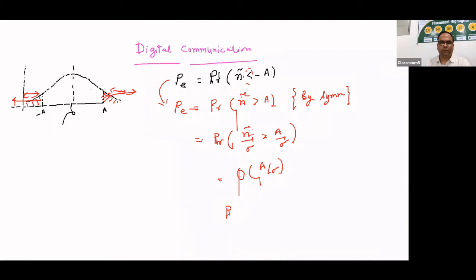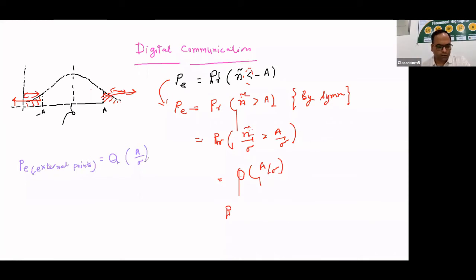So I should write it here that the probability of error for external points (in brackets, I should also write external points) can be written as Q of A by sigma.